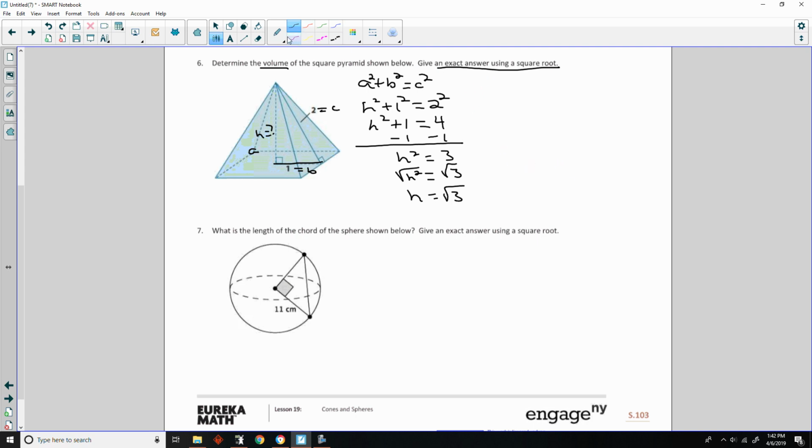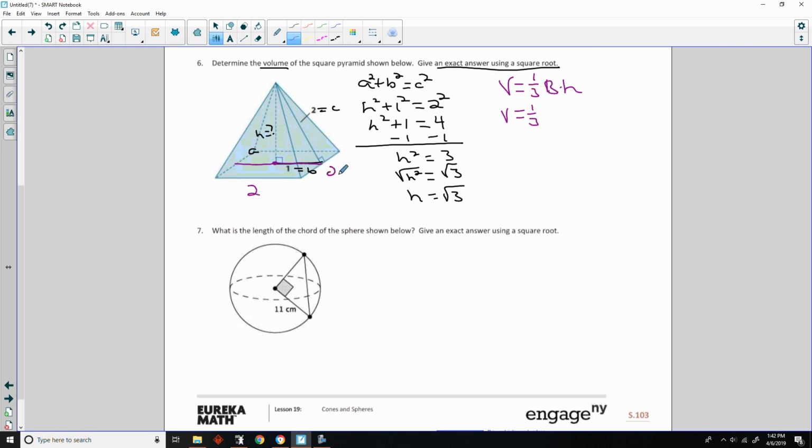Now I use the formula for volume of a pyramid, and volume equals 1/3 the base area times the height. So the volume is 1/3. My base area is a square. And since this is 1 from the center over is 1, then the whole length of one side would be 2.